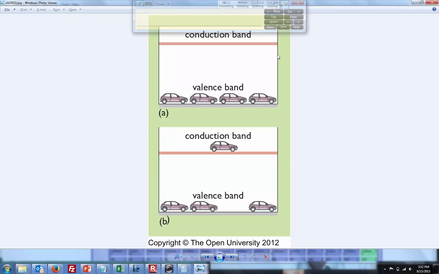It's either in one place or the other, and that's the weird thing about the quantum world. But once this thing is up in the so-called conduction band, it's now conducting. It's doing work for the circuit, and it'll come back down eventually, end up in the valence band, and be ready to do some work again as soon as that next photon comes in.